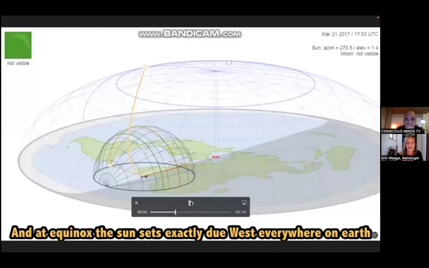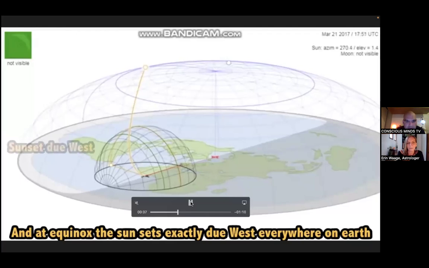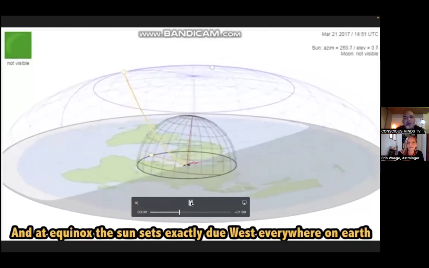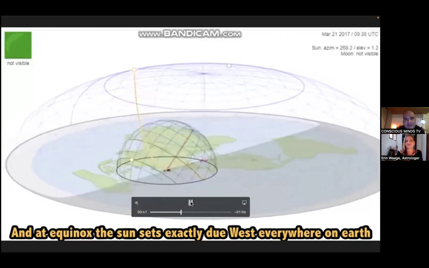What happens on this website if you kept it going? Well, it doesn't show it going into the sixth and the fifth and the fourth. Basically it wouldn't show it, but once it gets, I'll show you, 1 second. The sun due west. It doesn't really show it going down into the other half.